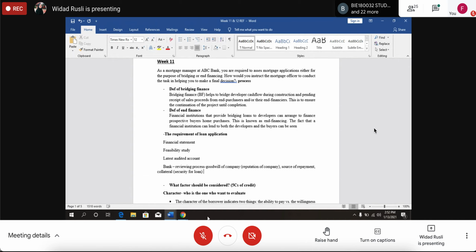So we put another one under financial strength. Will it be okay? Okay, so number four is financial strength. Yes, I think so. I also agree with you. So now we have four things.